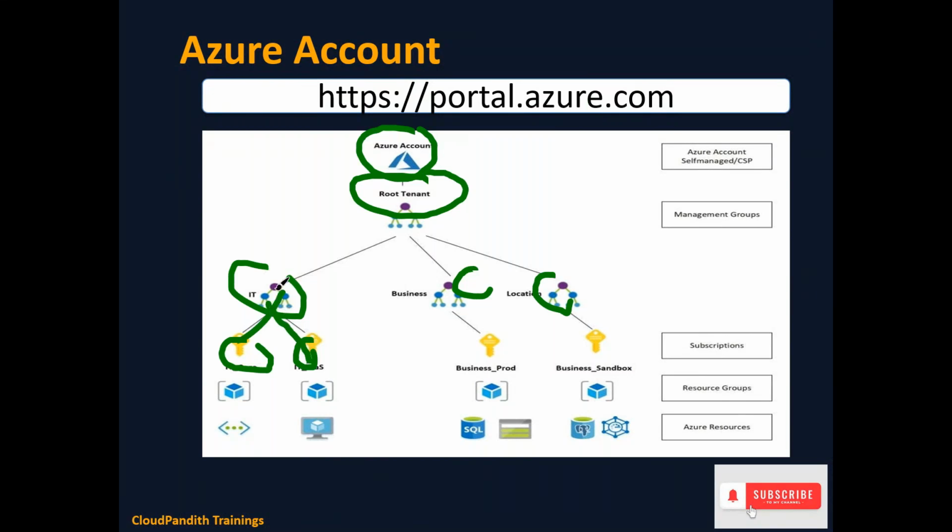That's how a management group organizes multiple subscriptions into a single group. Think of a management group like a company head office, where the head office controls multiple branches. Similarly, your management group controls the multiple subscriptions.